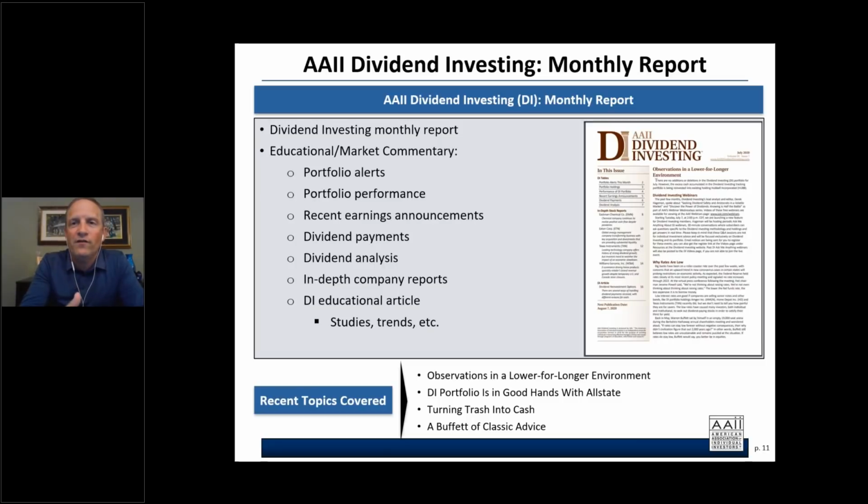And I think one of the great features of the monthly report, again, we own 24 stocks in the DI portfolio. So every month we do an in-depth company report on 4 of those companies. We review how they're stacking up against the characteristics, the 3 pillars of dividend investing, which is a theme that you'll hear a lot as a subscriber to dividend investing.